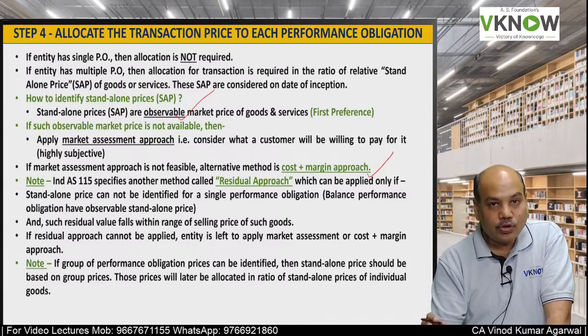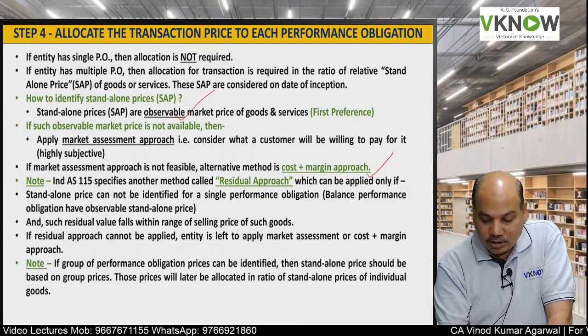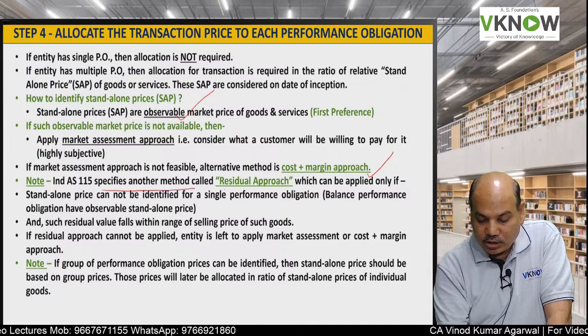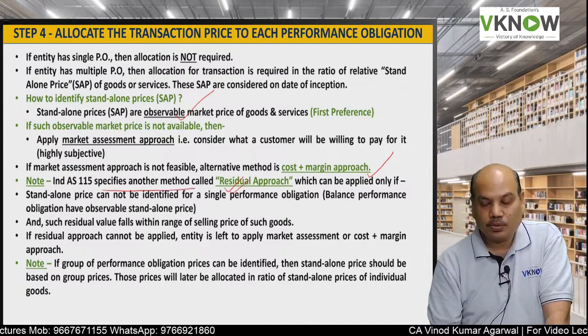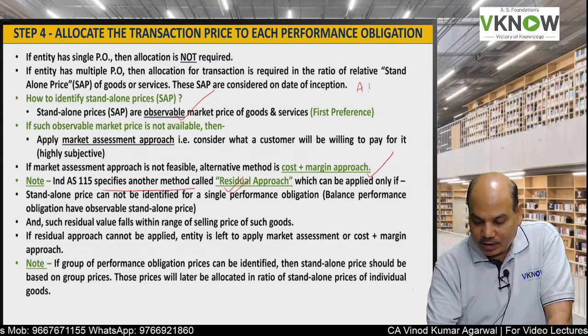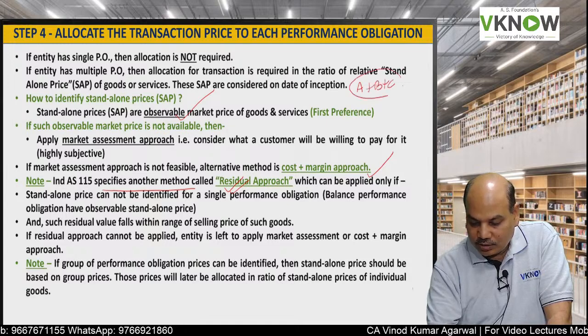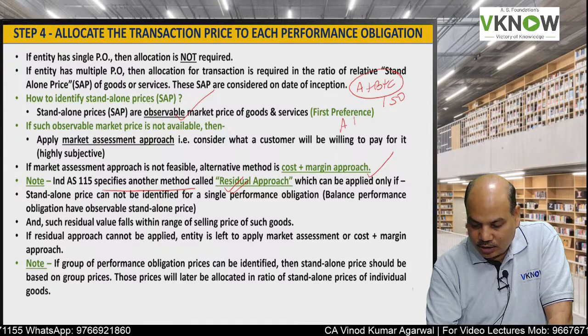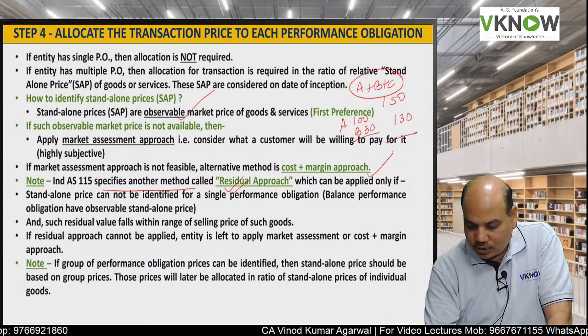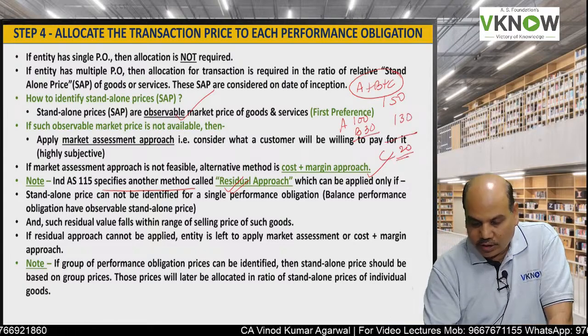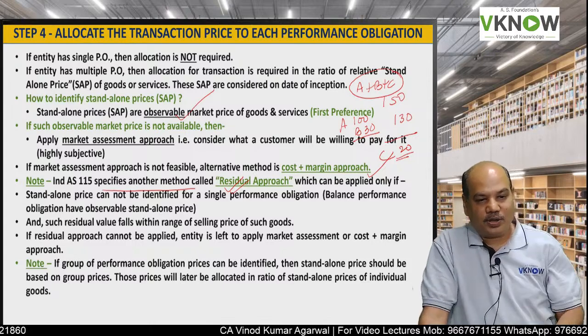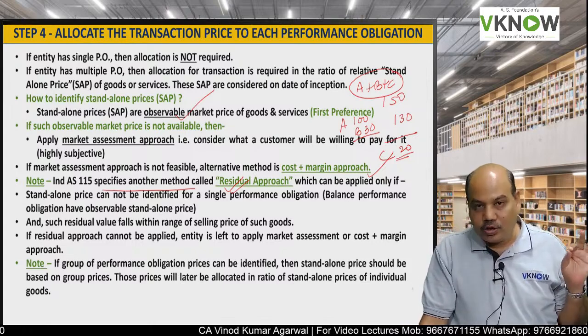And if that is also not applicable, then we have another method called the residual approach. If A plus B plus C are sold for 150 and A is sold for 100, B is sold for 30, so total 130, then we can allocate C 20 rupees. That is called the residual approach.